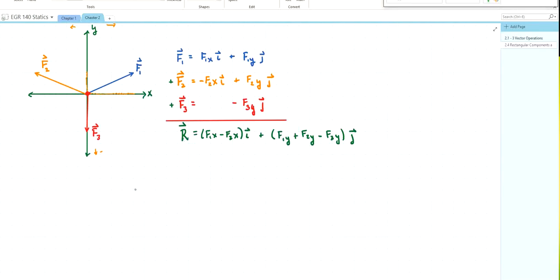So in essence, what this results in is Rx, in parentheses, i plus Ry j. So that's the scalar component in the x and y direction.